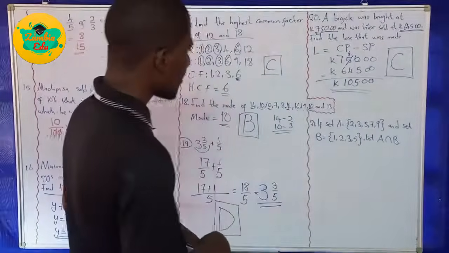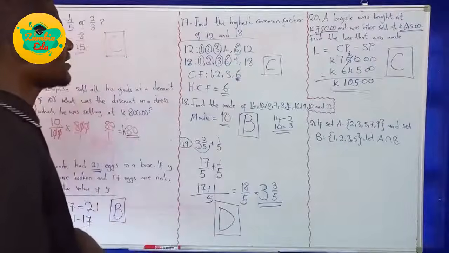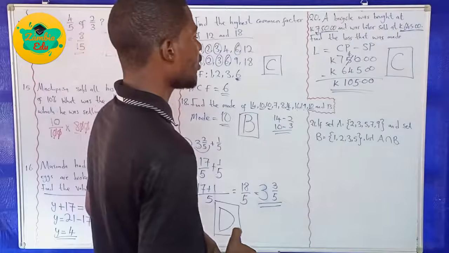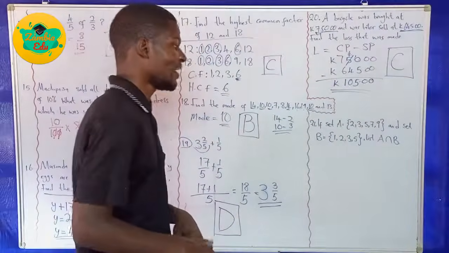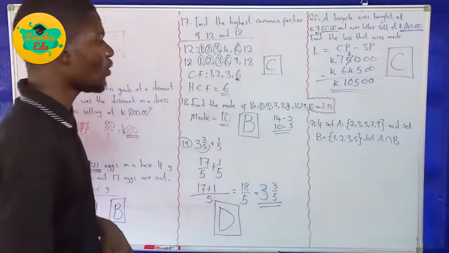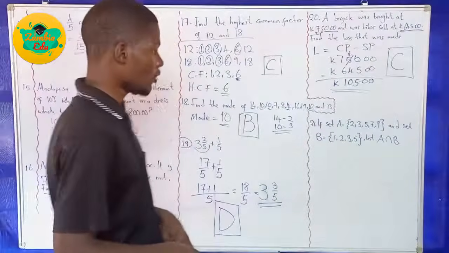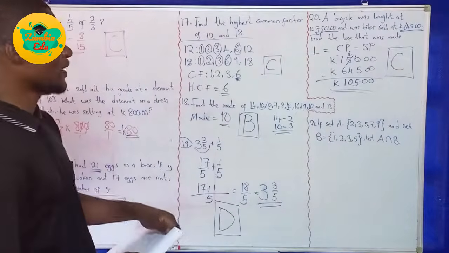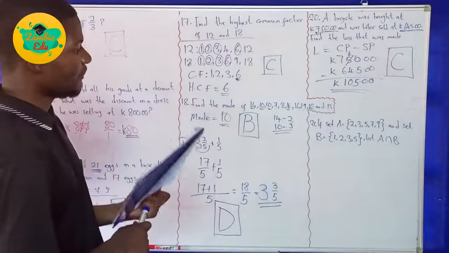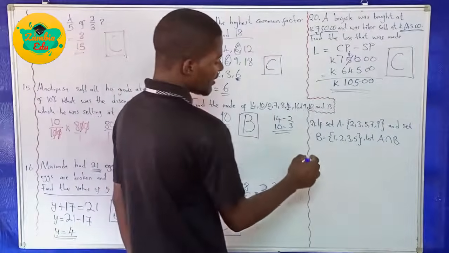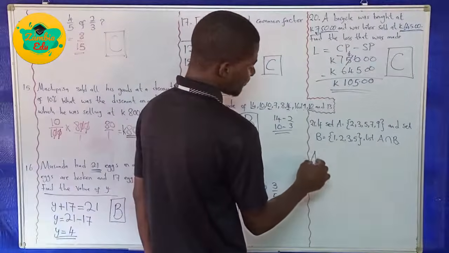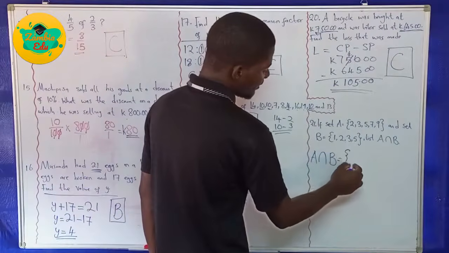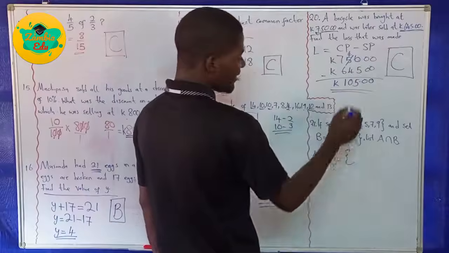We quickly go to 21. Question 21 says, if set A is equal to 2, 3, 5, 7, 9, and set B is equal to 1, 2, 3, and 5, list A intersection B. So if we are going to use the list method, we should just be able to list what is common in both.